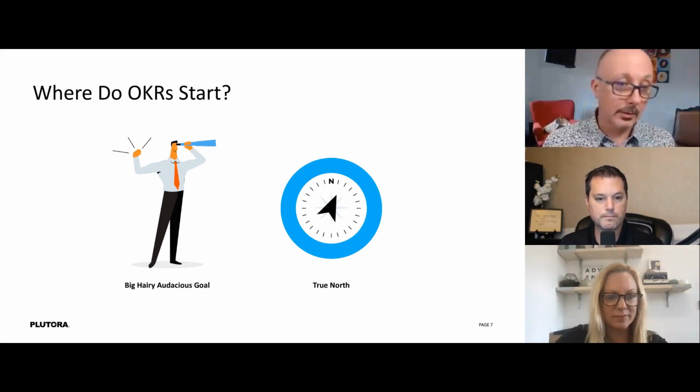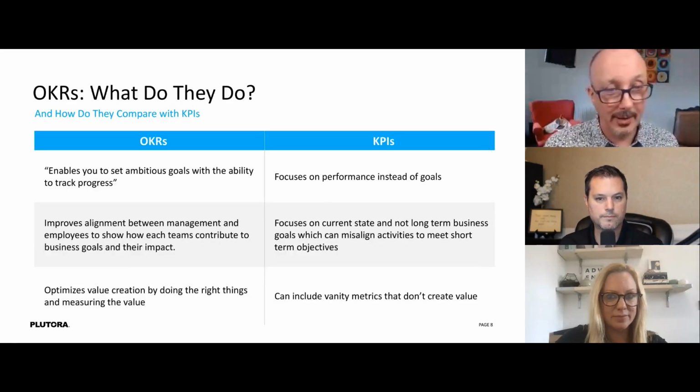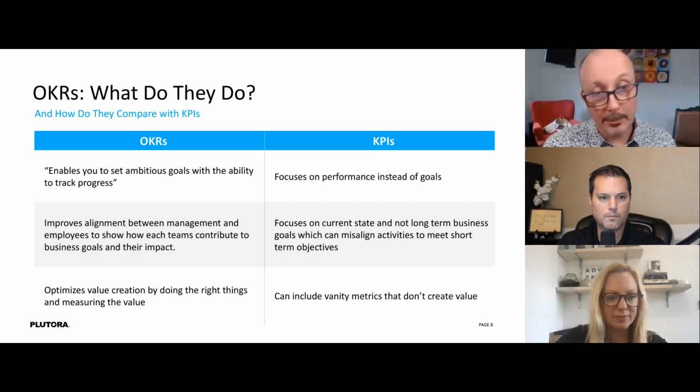So if you're starting with a number, ask the question, then what happens? And from that, you'll get the consequence of that thing. So if it is 10% fewer servers, well, then what happens? Whatever it might be, explore around that. Try to turn that into something meaningful.